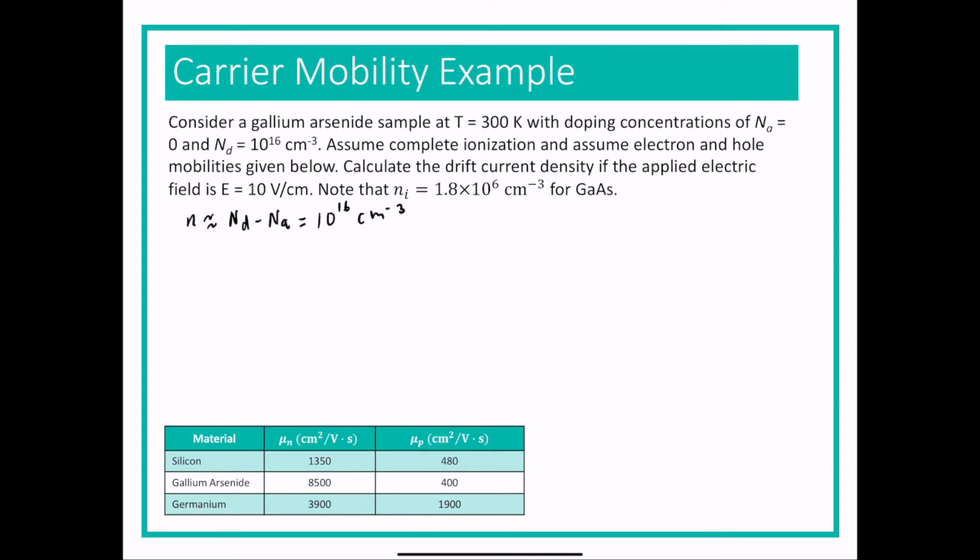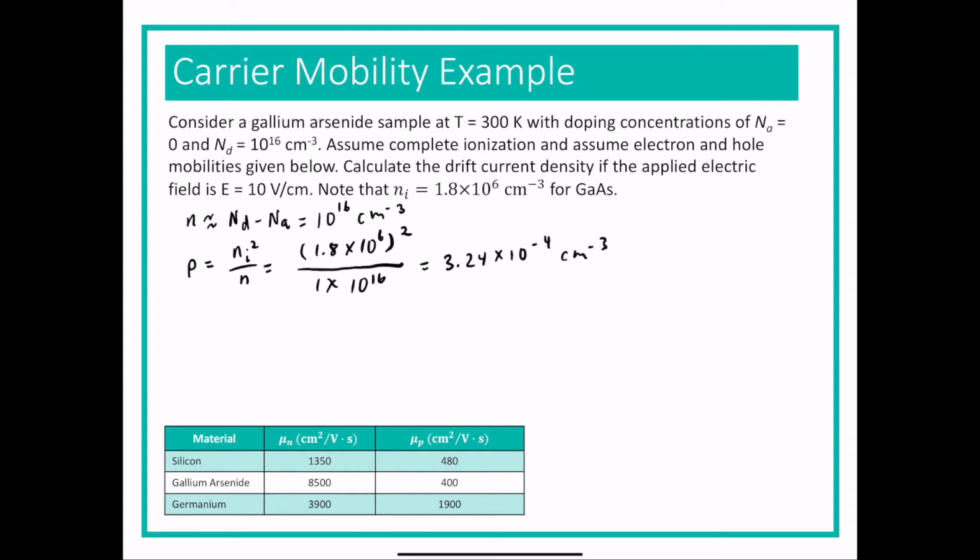And then we can figure out the number of holes by taking n_i squared over n. We take 1.8 times 10 to the 6 and square it and divide by 1 times 10 to the 16. And we get 3.24 times 10 to the minus 4 per cubic centimeter, which is really tiny.